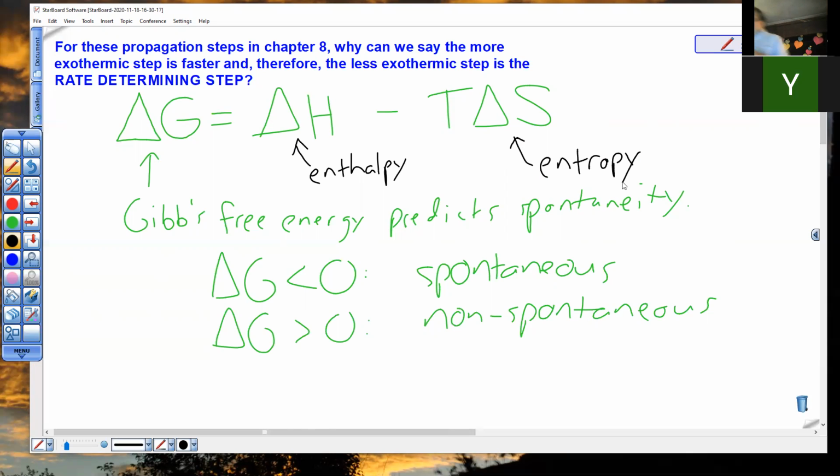Now, it drives reactions that create randomness. And you don't need to know anything more than randomness is enhanced by reactions that create gas molecules. That's one way. So if you have a reaction like, oh, combustion is the best entropy example ever.